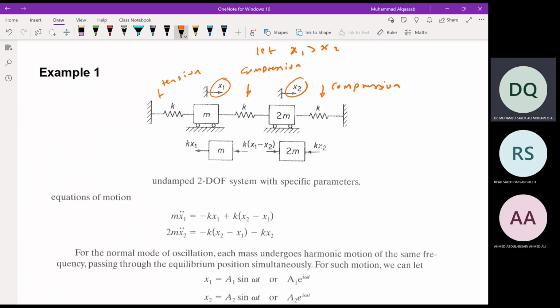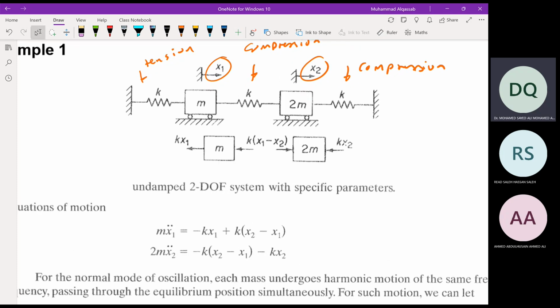Then you draw the free body diagram with the assumption we made here, and the direction of X1 and X2. This spring is under tension, the spring in the middle is under compression, and the spring at the end to the right is under compression. So you draw the effect of the forces on the mass in the direction of the vibration. We have Kx1 to the left and K(x1 minus x2) to the left as well.